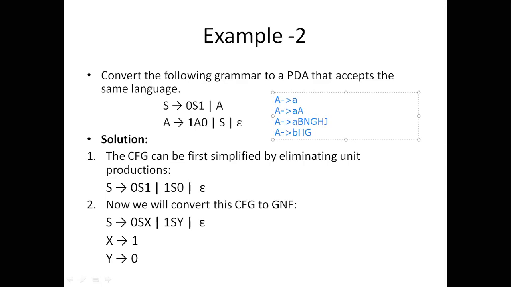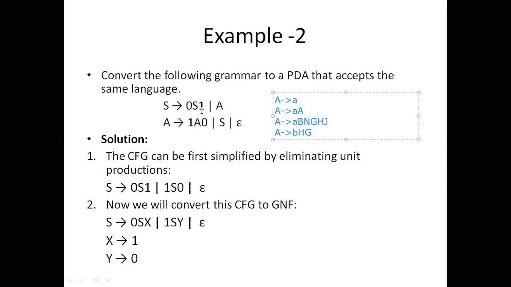Now here capital A is a non-terminal, B, N, G, H, J all are non-terminals. Everything written in capital is a non-terminal. So compulsorily your grammar should be in this particular form to apply those two rules. Any grammar which is not in this form, first you have to bring into GNF form.